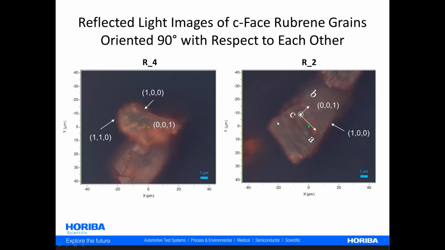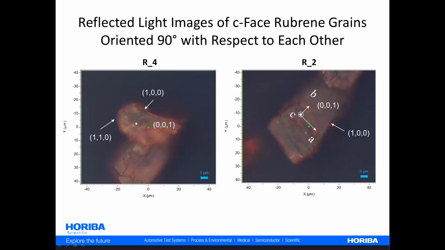Now, let's take a look at some grains, each with the reflected light images of the C face of the Rubrene grains. But notice that they're oriented 90 degrees with respect to each other. So this is another, let's say roughly single crystal with the tip broken off.